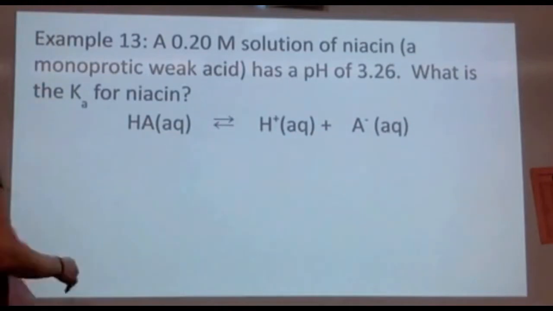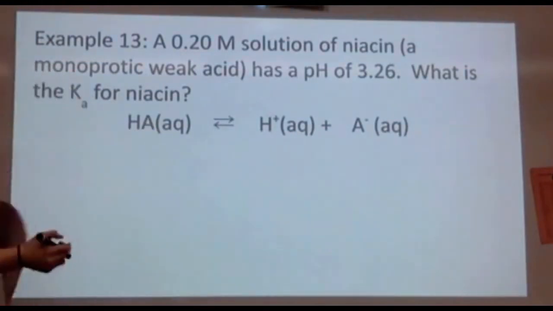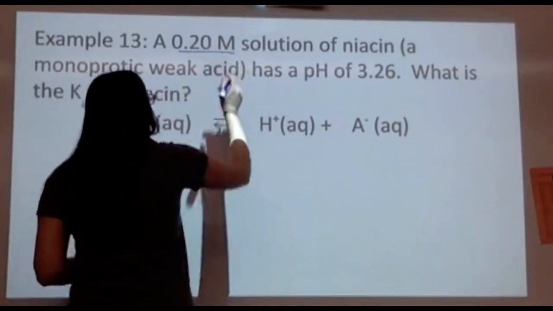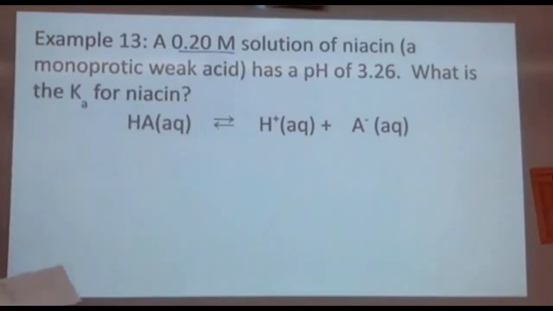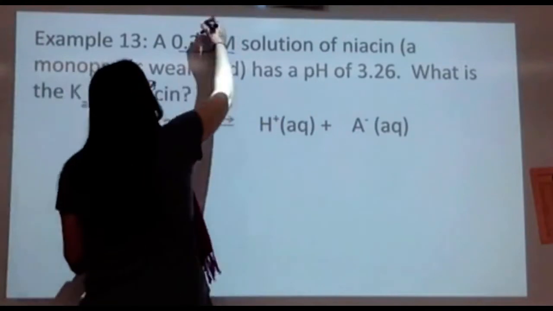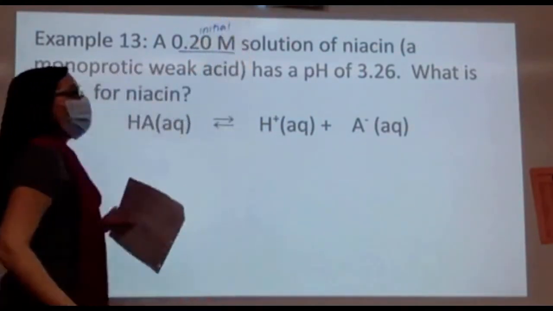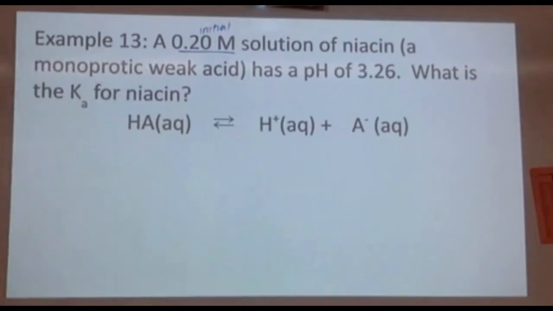So I want to go through this and just label some things first. When they give you the concentration, a 0.2 molar solution of niacin, that is the initial concentration of the acid.